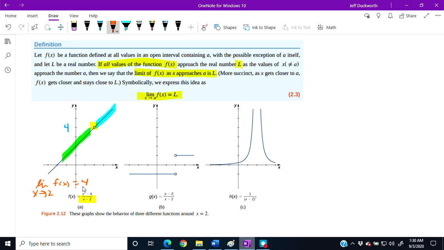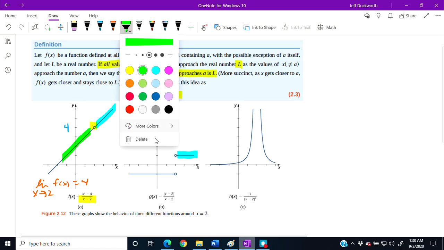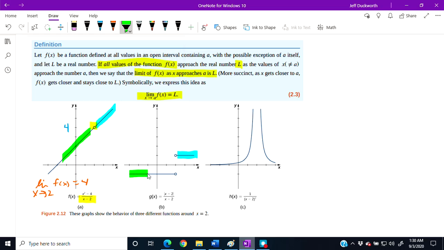Now the other two do not. Here's the problem. Coming from the right-hand side, from the positive side, as we get closer and closer to 2, we're staying at 1. So we're not deviating from 1, we're not getting any further away, so that seems to work. However, coming from the left-hand side, from the negatives, we're at -1 the whole time, and we have this gap here.